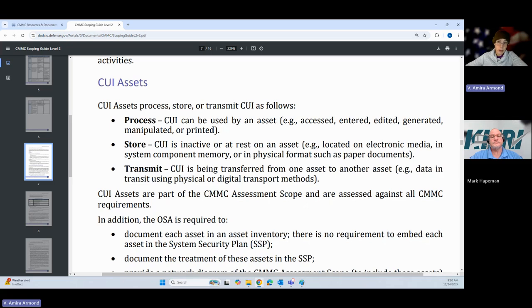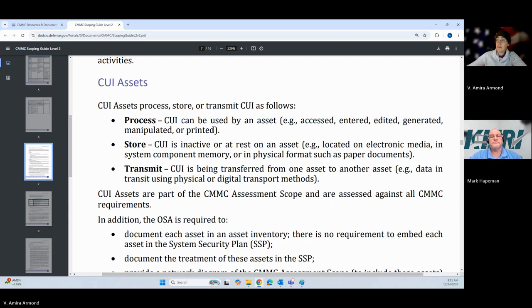More obscure versions of processing would be if an antivirus program read a file that had CUI. It's scanning it to see if there's malware, but in the middle of scanning it, it's reading the file. That's processing as well. And there's a common gotcha with scoping where if you have, say, an antivirus server that's separate from your workstation, those antivirus servers might process CUI and you might have something in scope that you didn't expect.